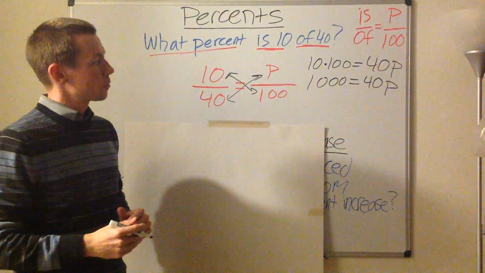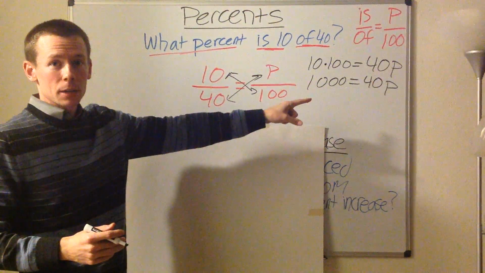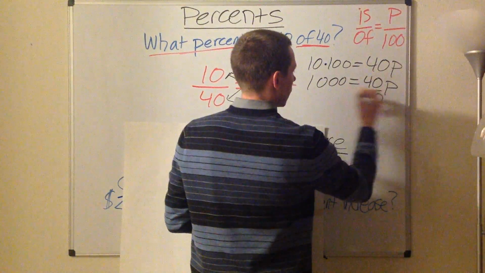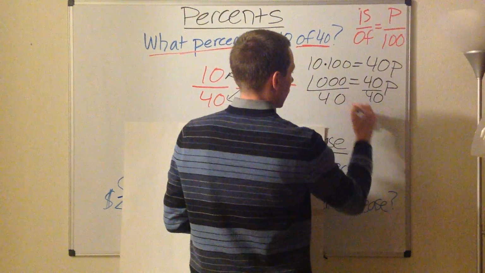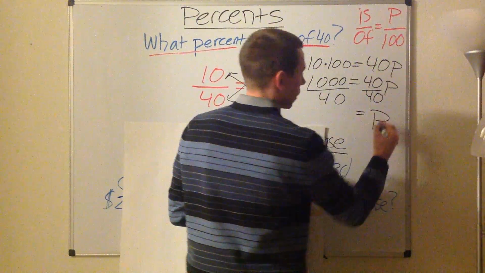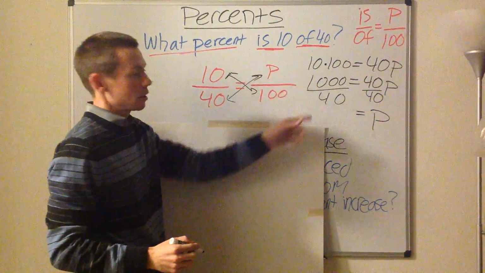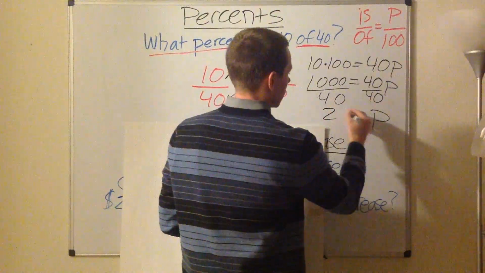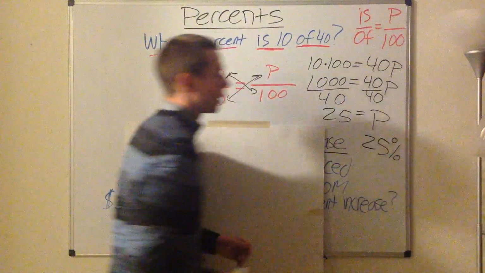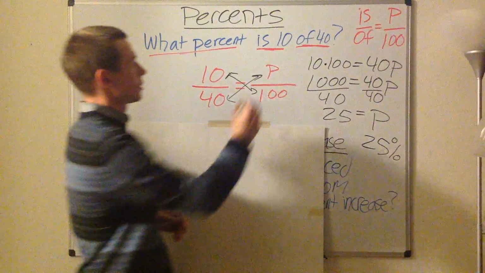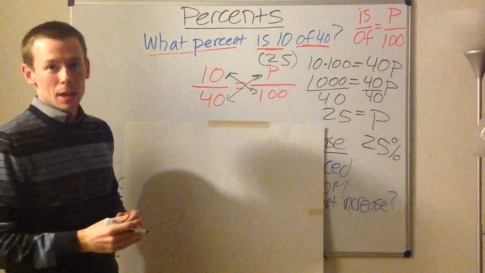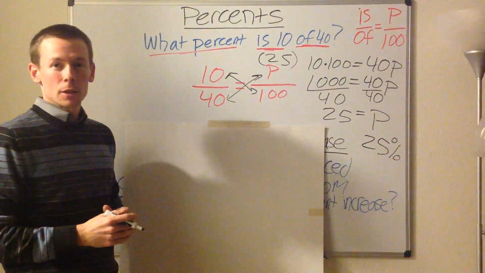So 1,000 equals 40p, and then to undo the multiplication, we must divide. 40 divided by 40 is 1p, and 1,000 divided by 40 is 25. So our answer is 25% is 10 of 40.